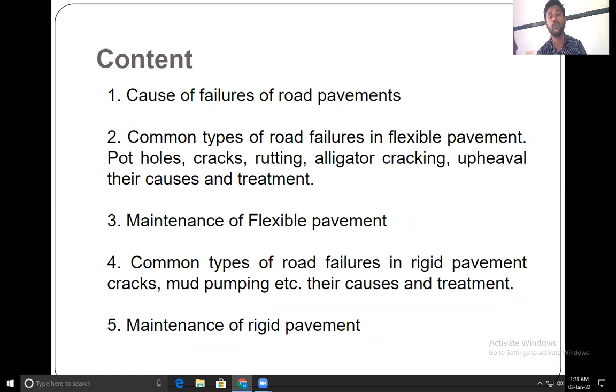So we need to go for the repair of cracks and repair of joints majorly in the rigid pavement. There are other types of failure also, but these are the major ones that occur very frequently, and that we need to study.